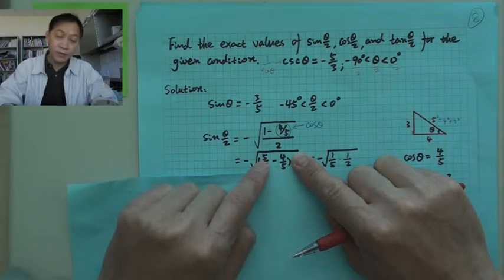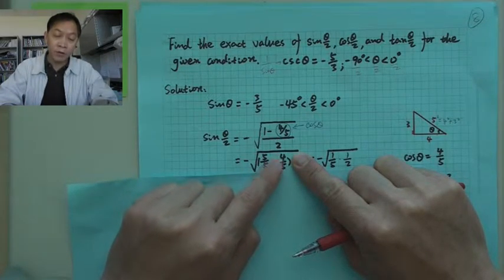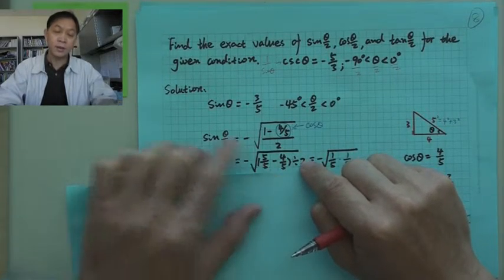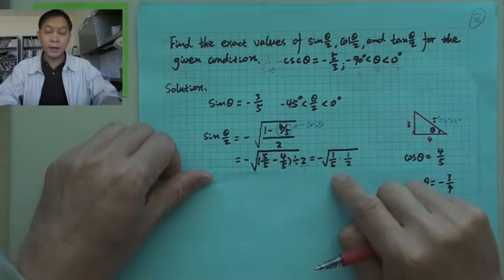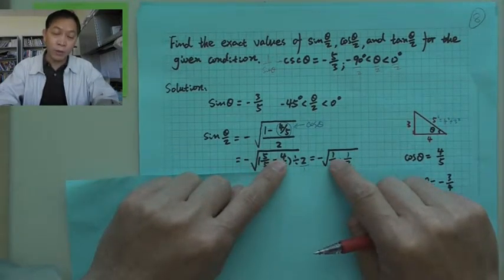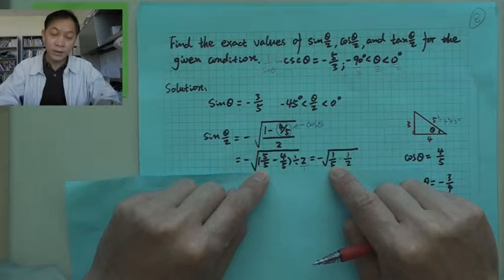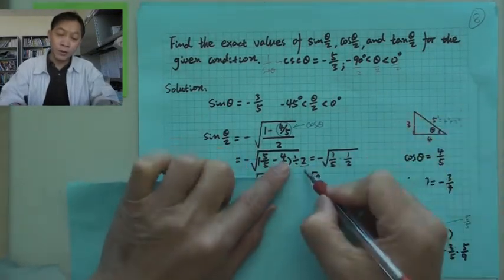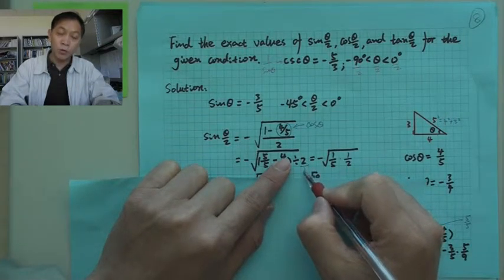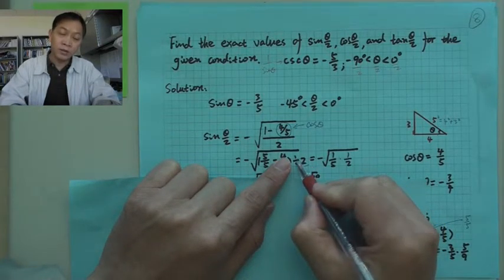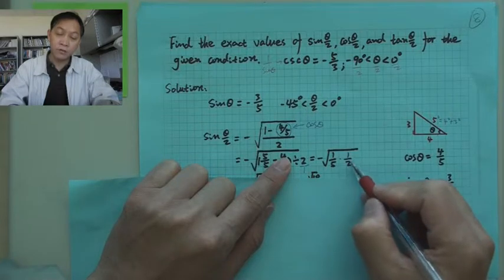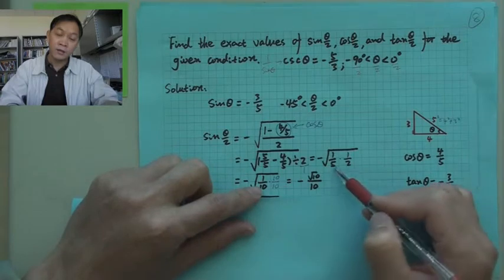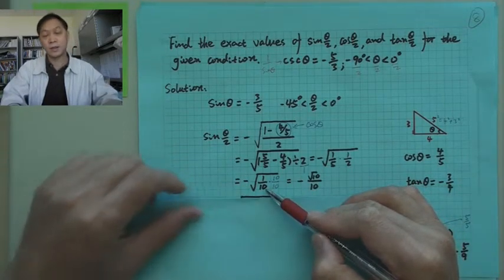So 5 over 5 minus 4 over 5, divided by 2. 5 minus 4 is 1, so 1 over 5, divided by 2. 2 is 2 over 1. Changing division to multiplication, you have 1 over 2, and 1 times 1 is 1, 5 times 2 gives us 10.